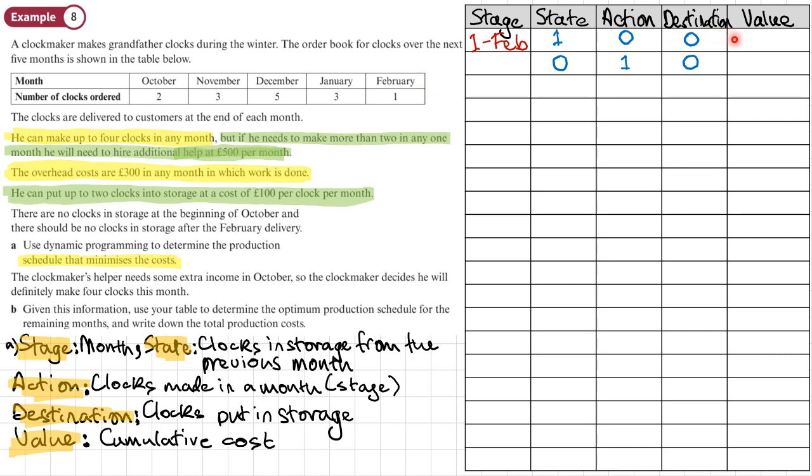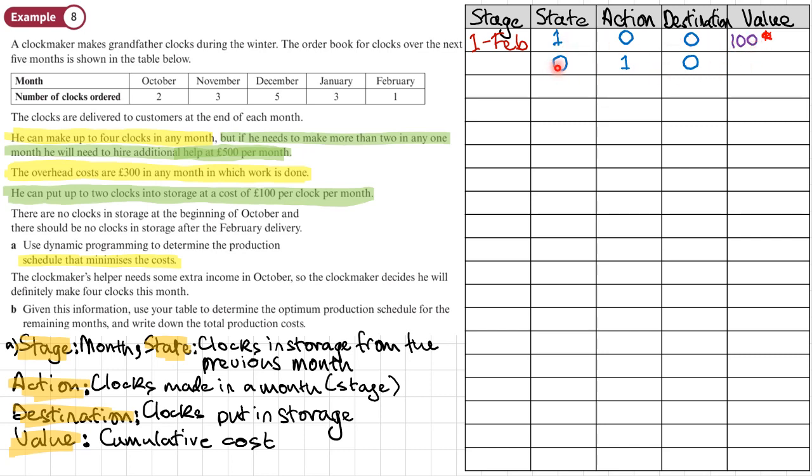So let's work out these costs. A state of 1 means 1 in storage from the previous month, so that's going to be £100. It's £100 per clock. I don't need to make anything, so that's my total cost, and that's the only option for this state, so it's going to be 100.